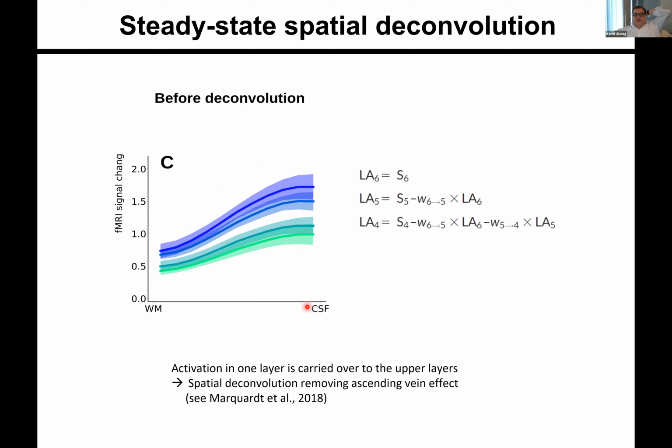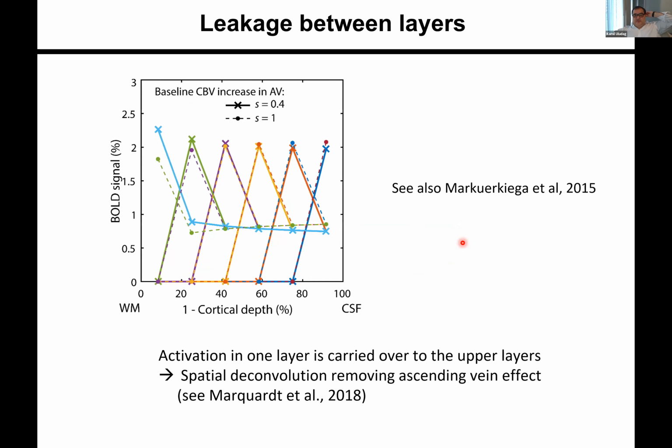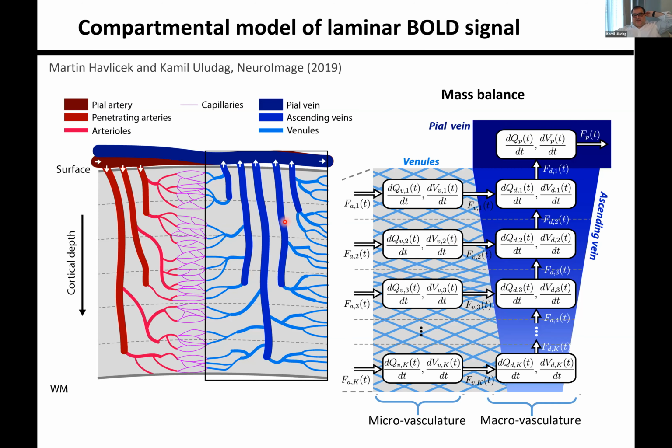And the way we would do it is, this is from a paper we have published, from white matter to CSF. And these are different conditions. Again, the signal increased from white matter to CSF. We can now sequentially subtract the activity from one layer to the next and get to a profile which looks like this, which should have removed the ascending vein effect.